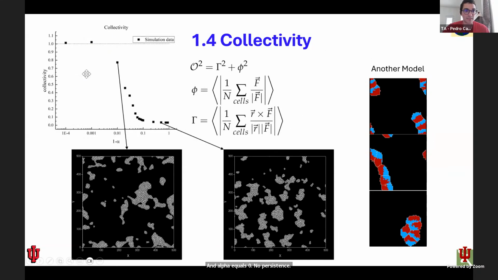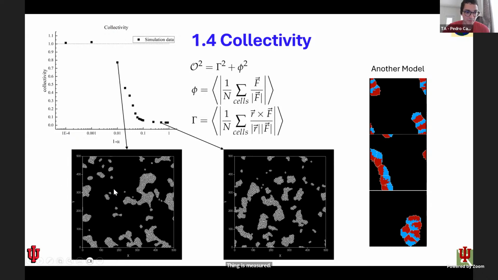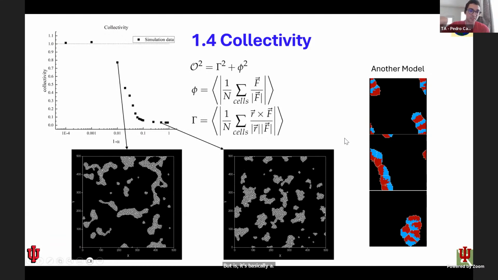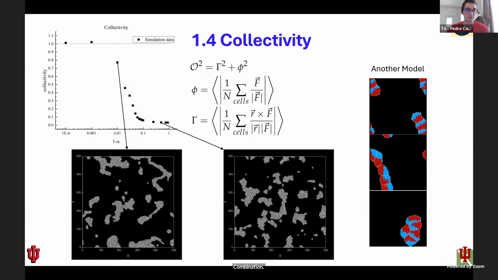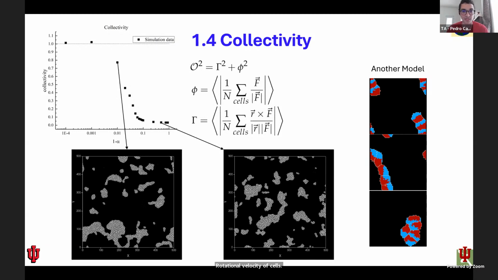By implementing that, we get collectivity. I will not get into details on how this collectivity is measured, but it's basically a combination of rotational velocity of cells and co-alignment of velocity between neighboring cells.